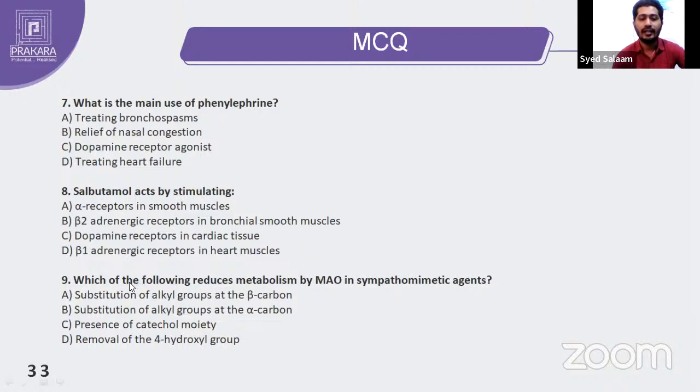Next, which of the following reduces metabolism by monoamine oxidase in sympathomimetics? Substitution of an alkyl group at the beta carbon, substitution of an alkyl group at the alpha carbon, presence of a catechol moiety, or removal of the 4-hydroxyl group.